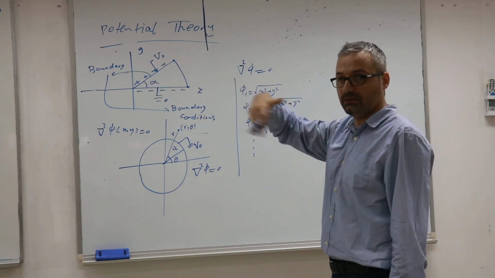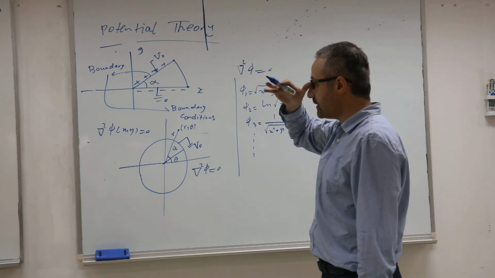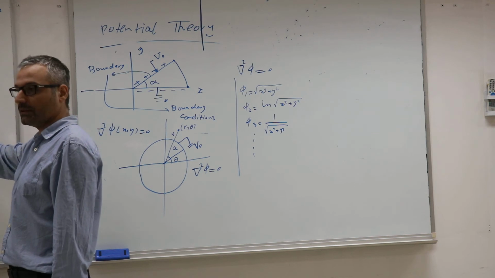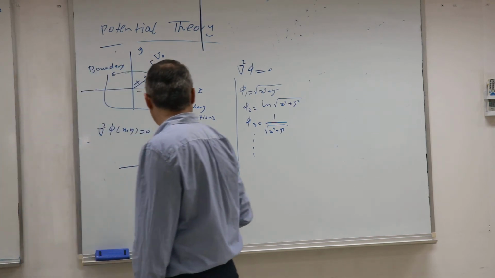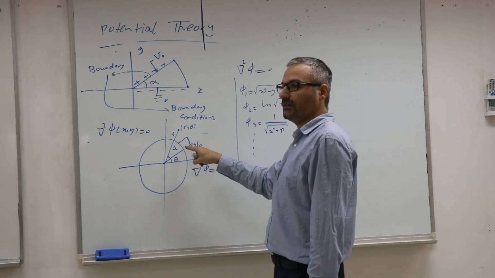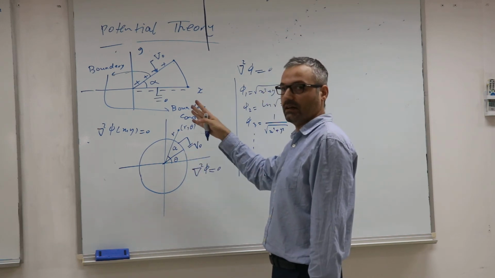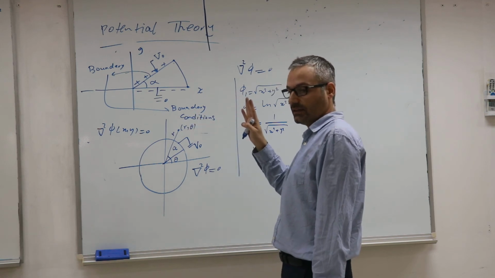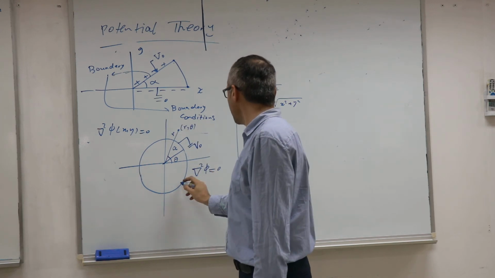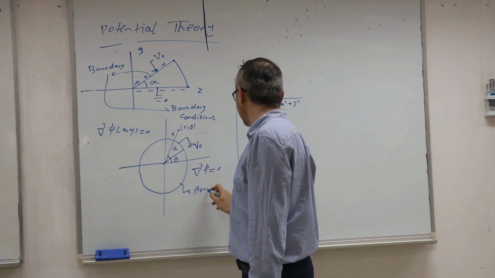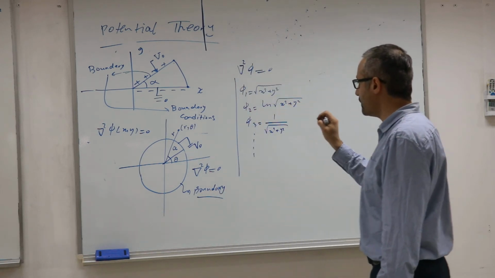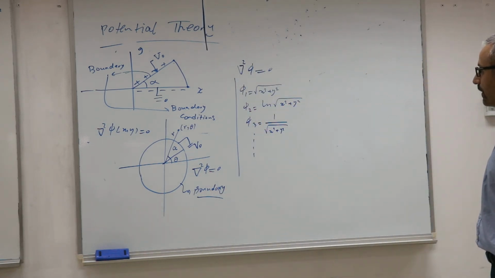You can find millions of solutions, just any function in this form is a solution. But what is the solution which gives me exactly V0 here? This is something we never studied before. We call it boundary conditions. So you have a boundary here, and you need to specify the solution which satisfies your boundary conditions.